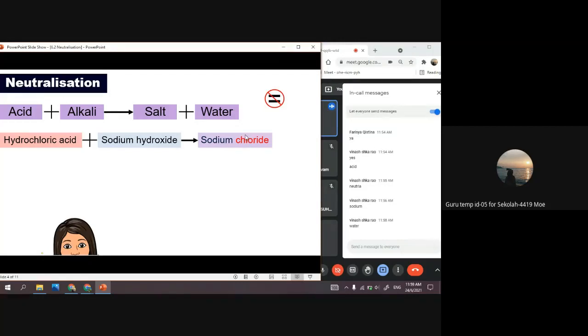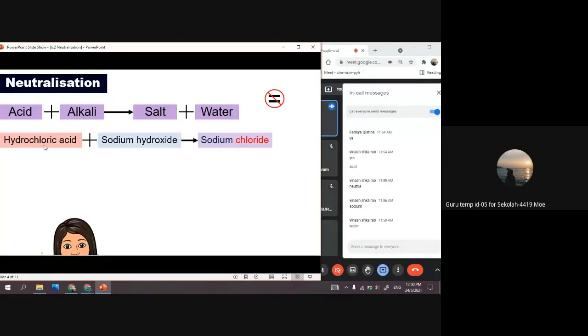The salt's name here is color coded to help you understand how we can write the name of the salt. So where does the word sodium chloride come from? If you can see, sodium, the first word, comes from the name of the alkali. The alkali we used is sodium hydroxide, so we take the first word sodium as the first word for the salt's name. And chloride comes from the acid's name, hydrochloric.